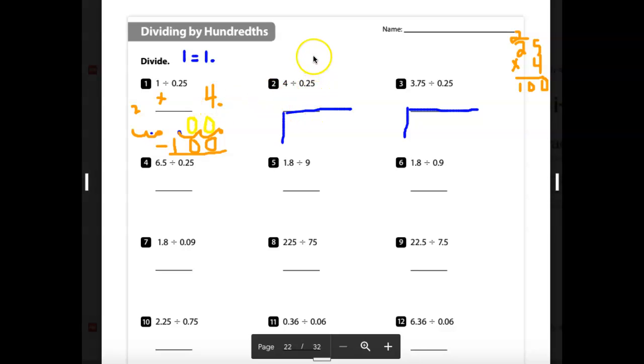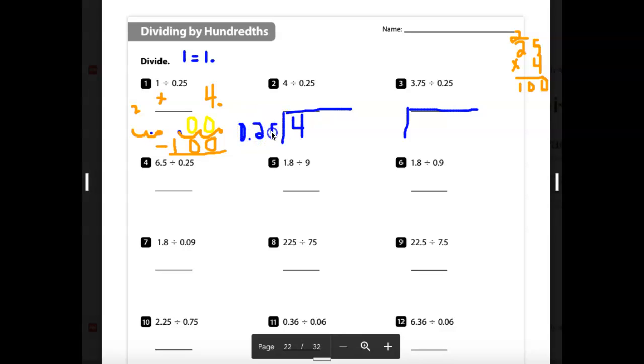All right, let's look over at this one. Here we have 4 divided by 0.25. Oops, that's a 0.